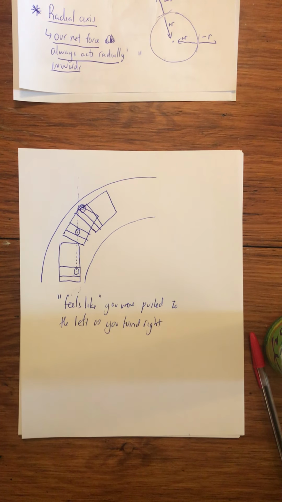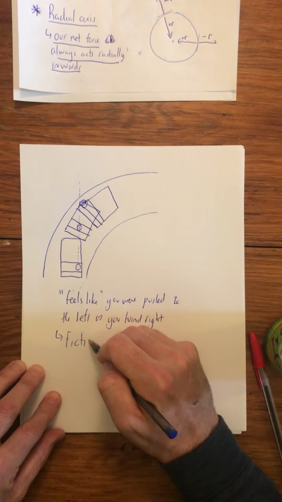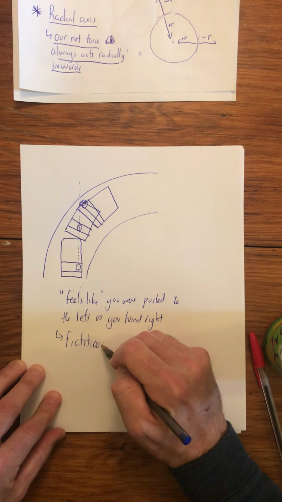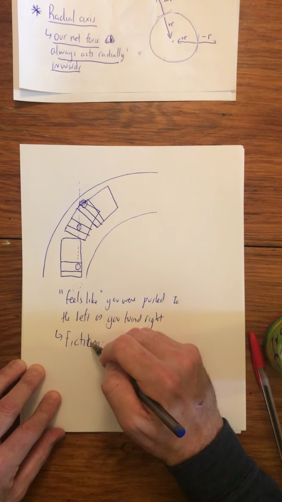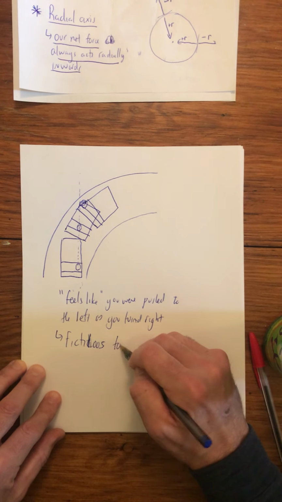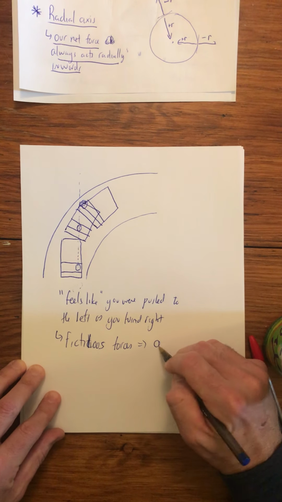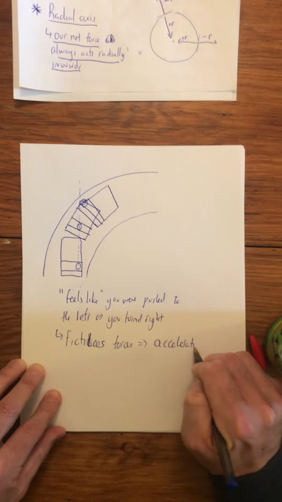Hopefully that makes you think, oh my God, fictitious forces. I always misspell this. Fictitious forces. Pardon my spelling there. And that means another proof that we know we are accelerating.